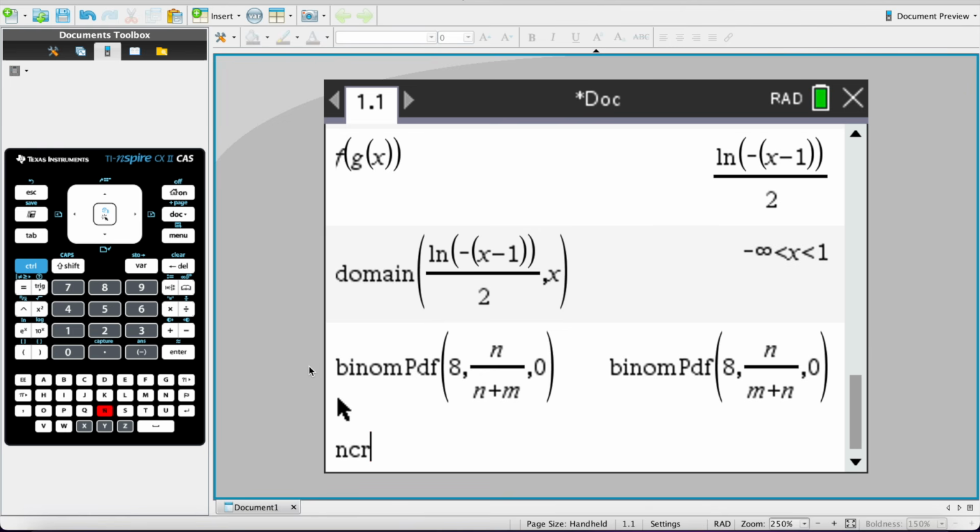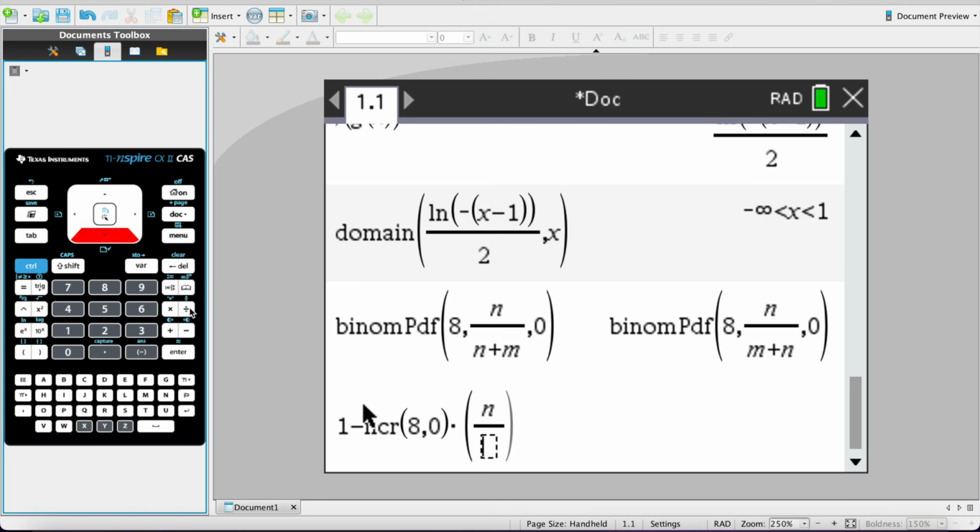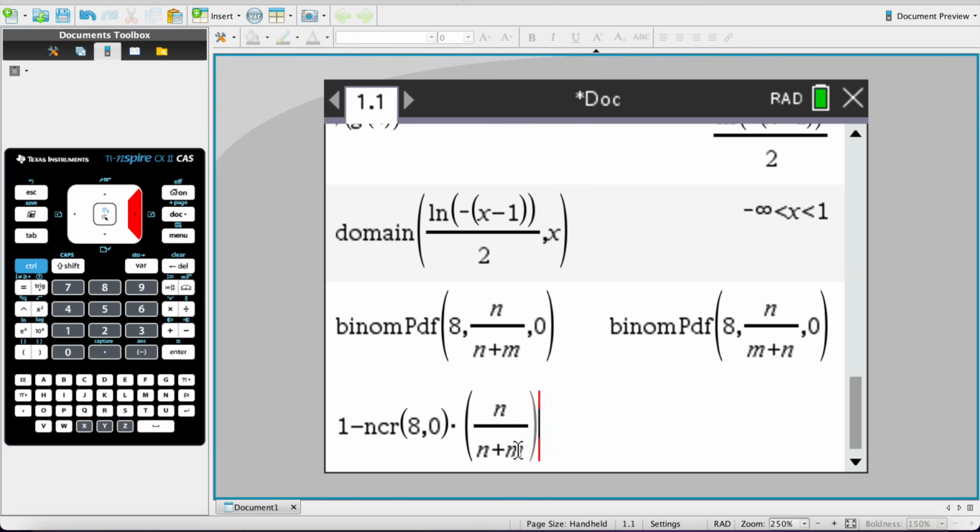So we can say NCR, and we'll do 1 minus first, sorry. So 1 minus NCR, and we have n choose 0, and n is 8, so 8 choose 0. The probability of success is, so let me just put a multiplication sign. Probability of success is n over n plus m. And that's to the power of 0.